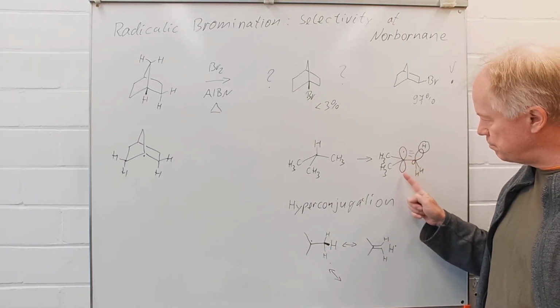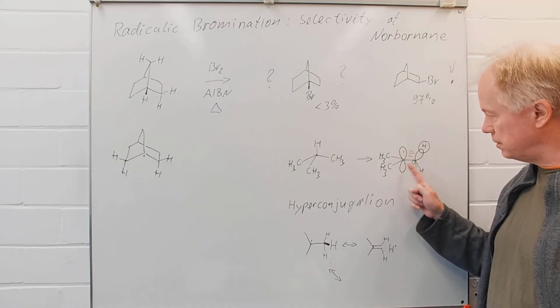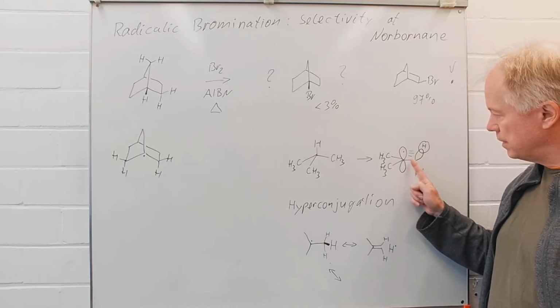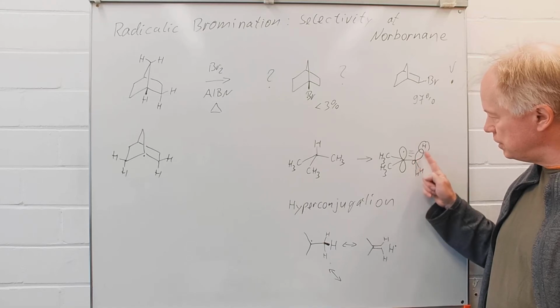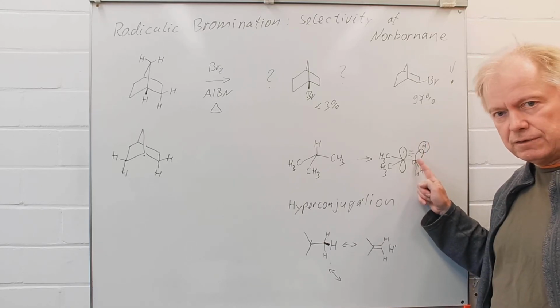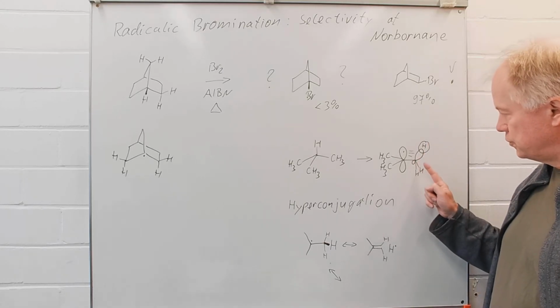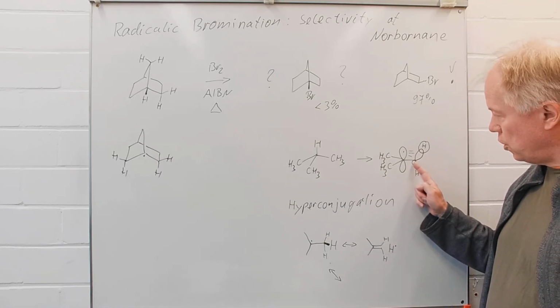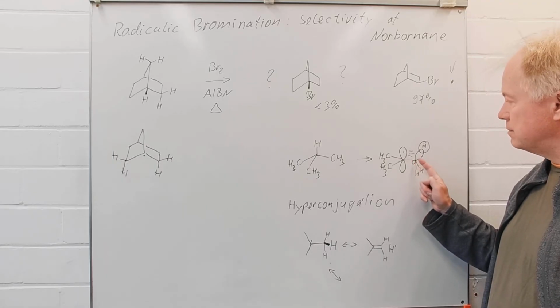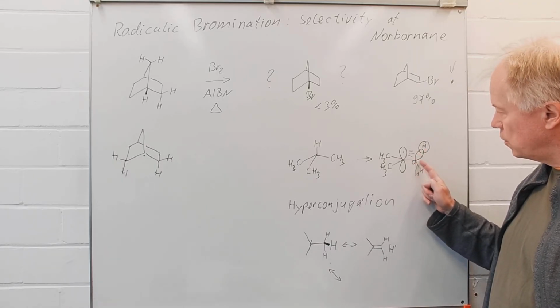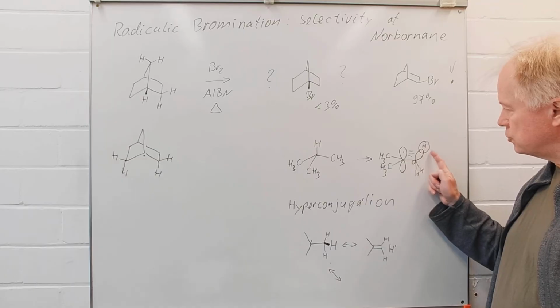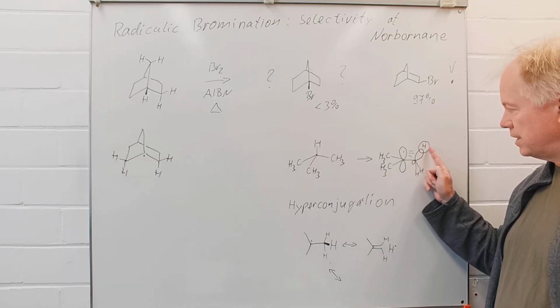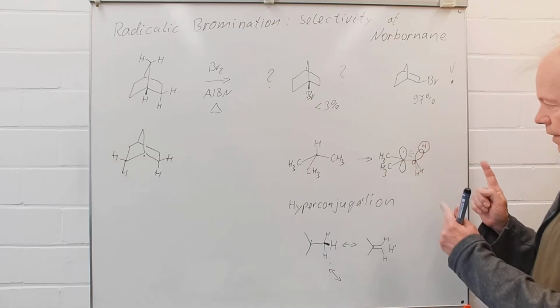We have a p orbital here with a radical center, and then a CH bond here in the alpha position, which will consist of an sp3 orbital overlapping with that hydrogen here.